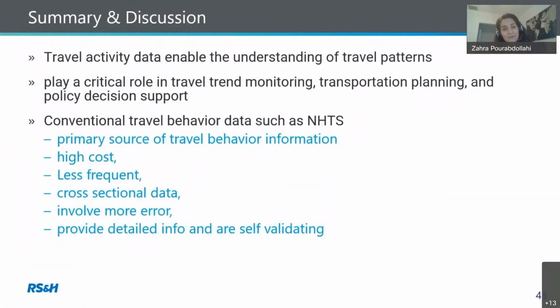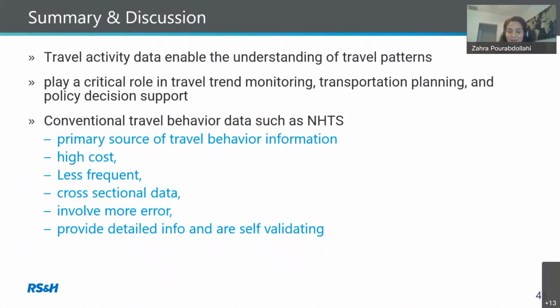And as a summary of findings, I think you can see that travel activity data improve our lives and enable the understanding of travel patterns. They play a critical role in travel demand monitoring, transportation planning, and policy decision support.